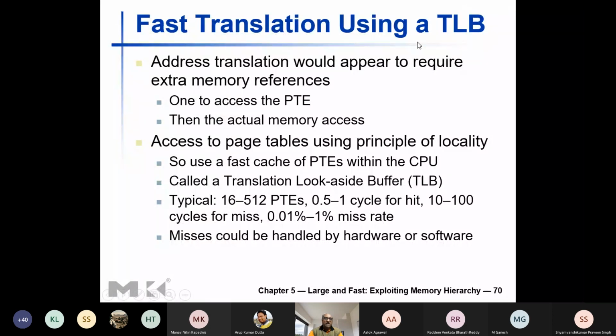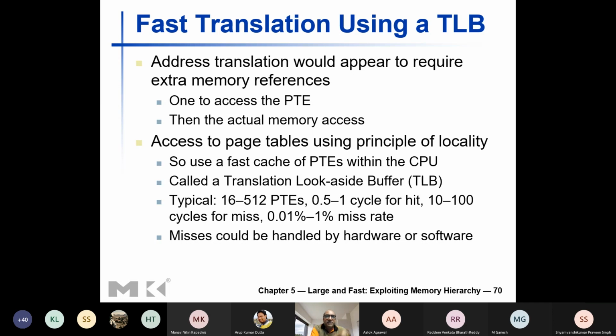It means that the recent translations we made are kept. When the CPU generates a virtual address, we convert that virtual address to the physical address, and then by using the physical address, the memory is accessed. These recently converted virtual-to-physical address mappings are maintained by a cache present in the CPU.